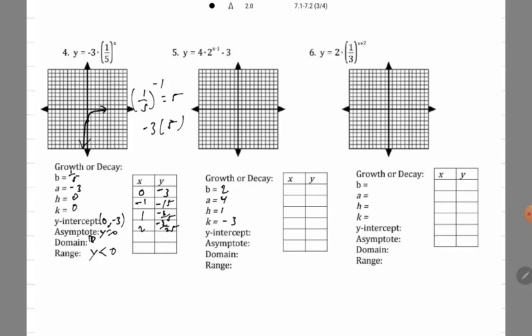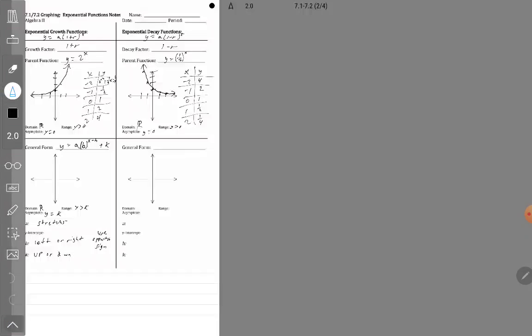Okay, so our y-intercept is going to be at... I just realized this, I should have put it back up here.